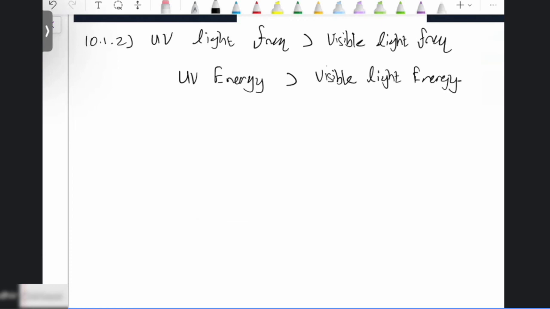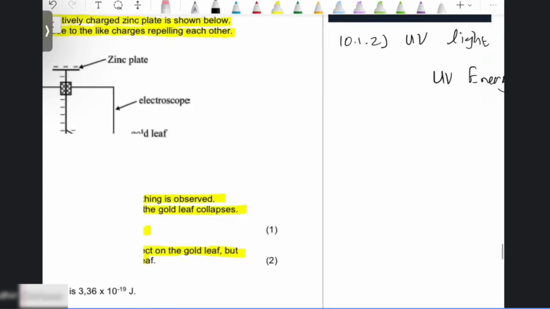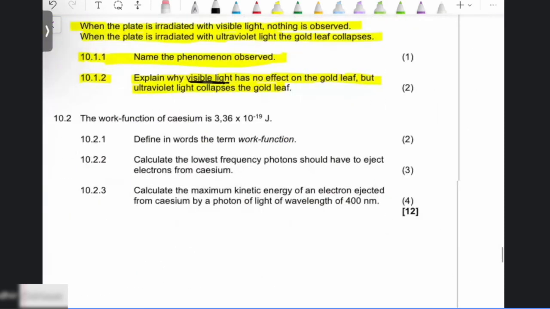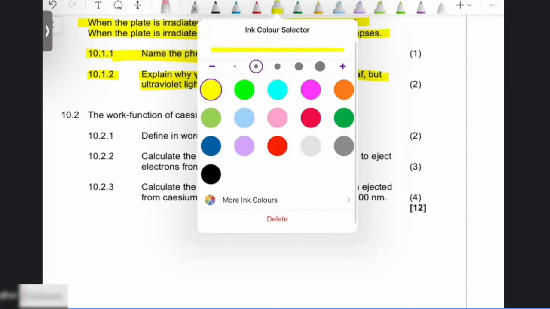Okay, that's done. That's an obvious thing. We've known this all the time because you guys have done the radio waves, microwaves, all of those things from previous years.